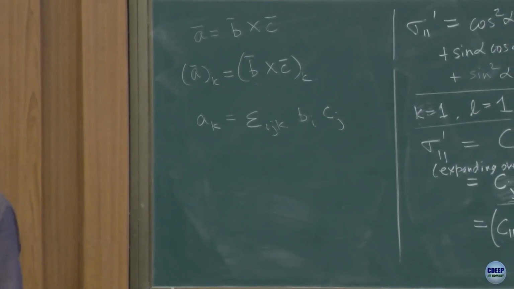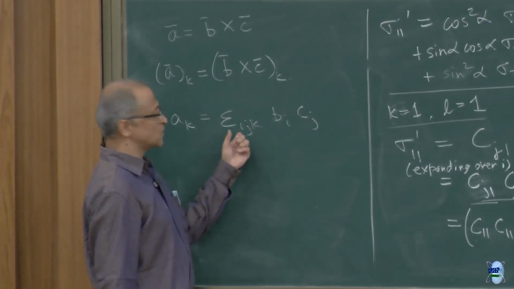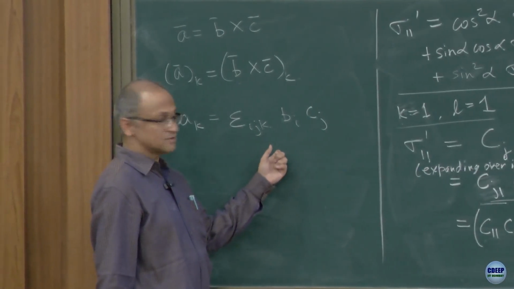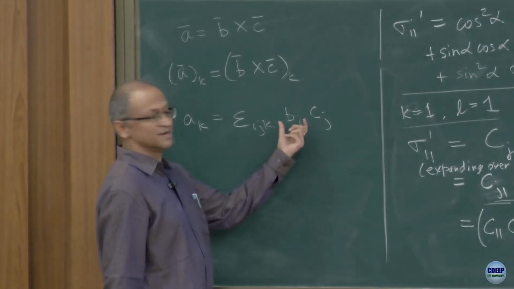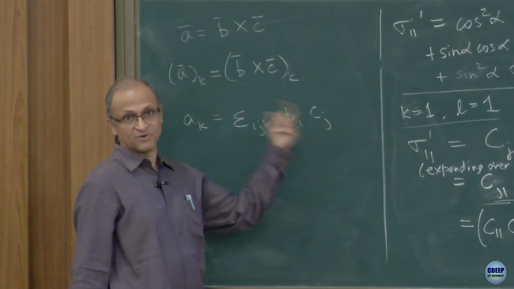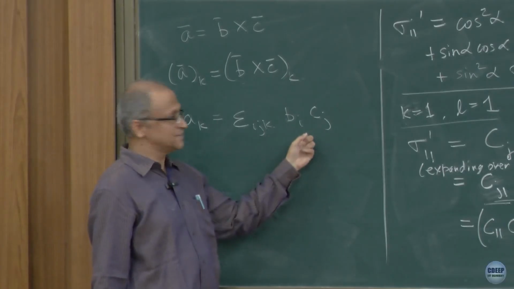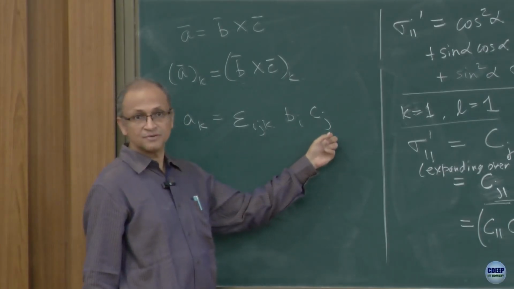So look at the equation. Does it make sense? What have we done? We are writing it as epsilon ijk, because I had a B and a C here. Both of them are vectors, and a vector should have one free index. So I use i here and j here.